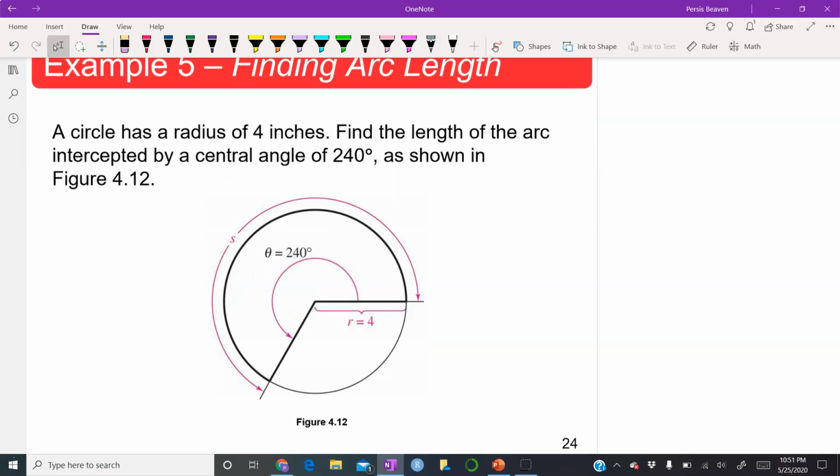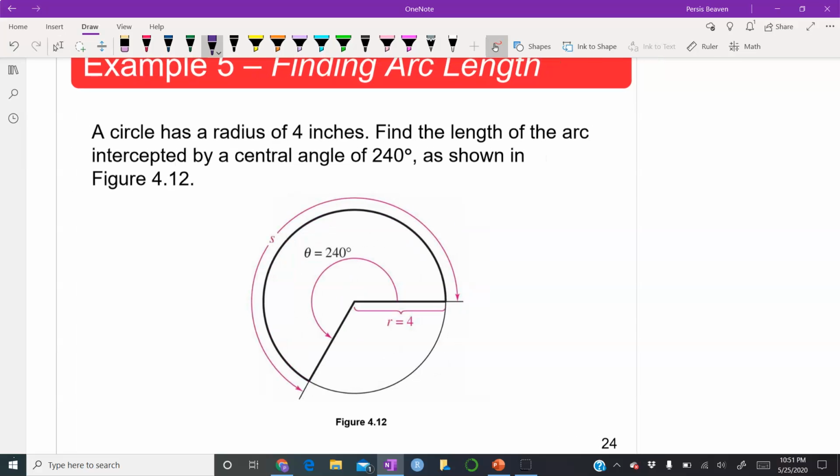So let's solve this example. We have a circle with a radius of 4 inches. So r is equal to 4 inches. And we need to find the length of the arc. So S is our unknown. And we have a central angle.